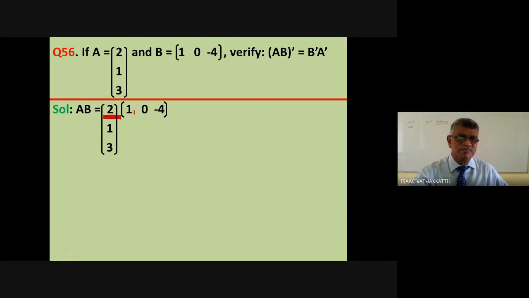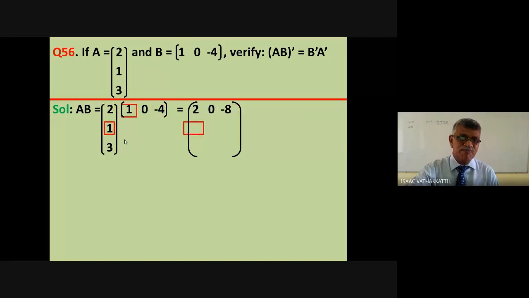First row, first column: only one element is there in the row, and only one element is there in that column. So when you multiply first row, first column, it's only 2 into 1, that is 2. First row, second column will be simply 2 into 0, 0. First row with third column, 2 into minus 4, that is minus 8.